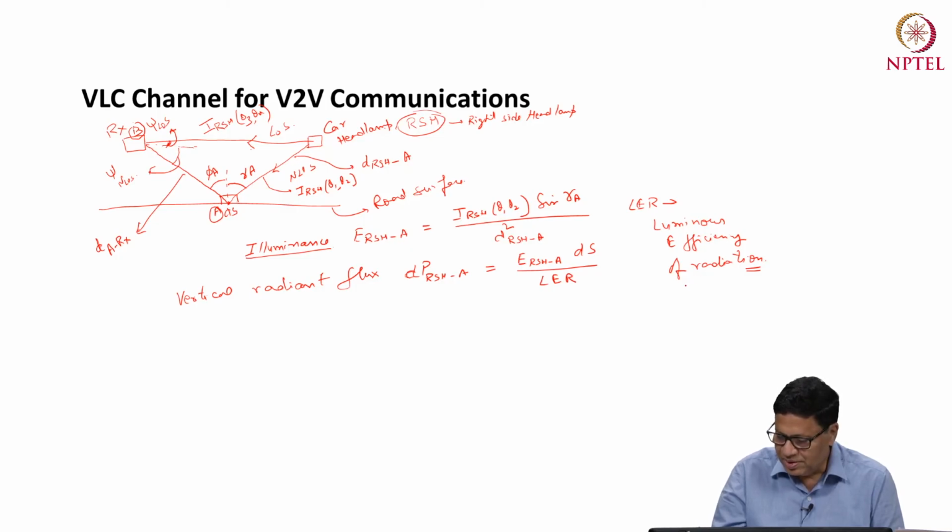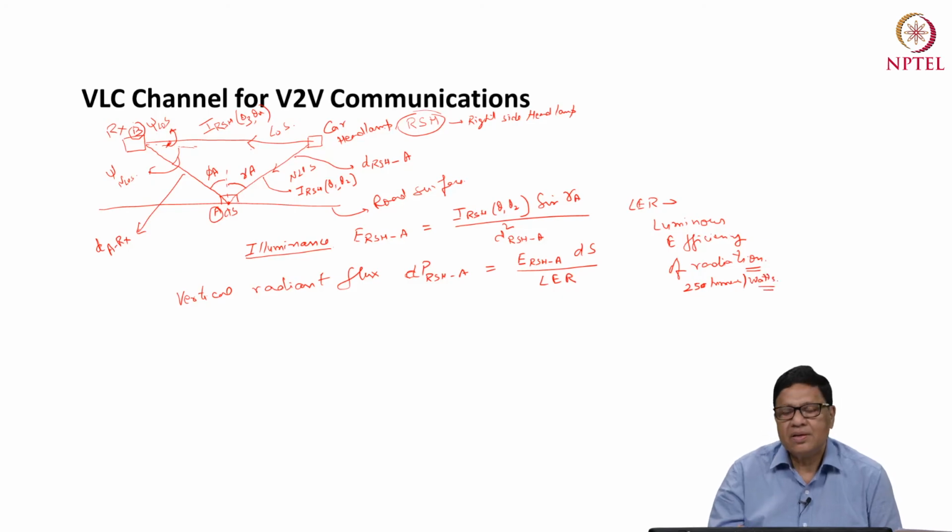So they have typically of the order of 250 lumens per watt. I mean, these are values of a good LED. So this is how you measure LER, lumens per watt. So luminous efficiency of radiation.